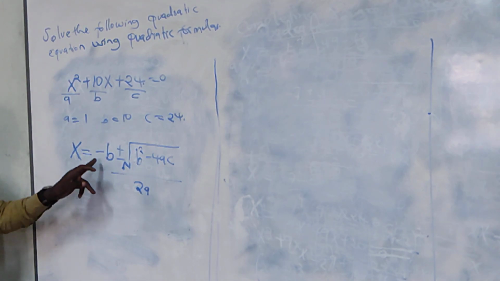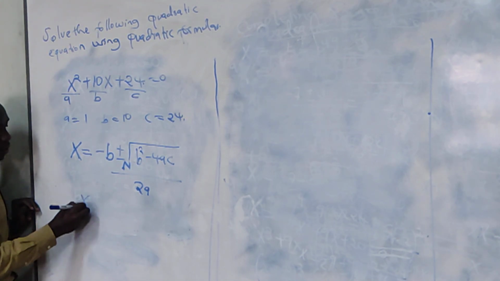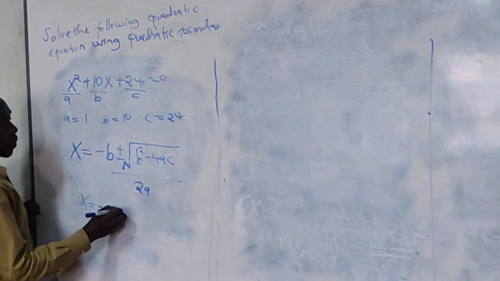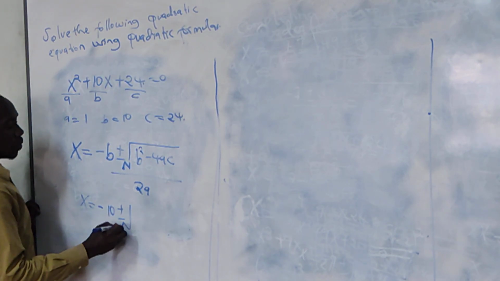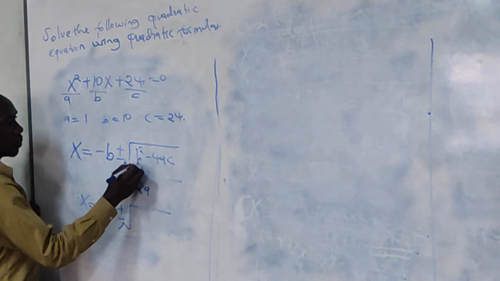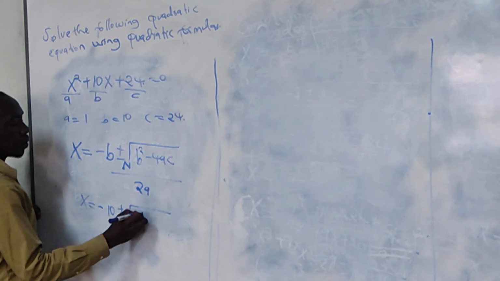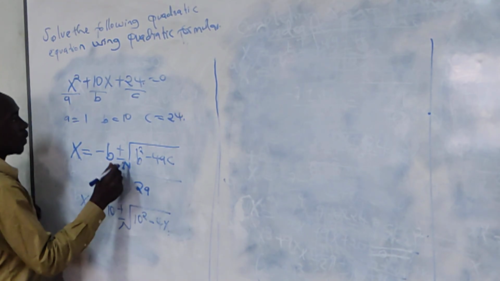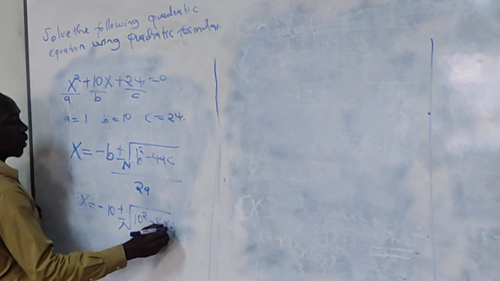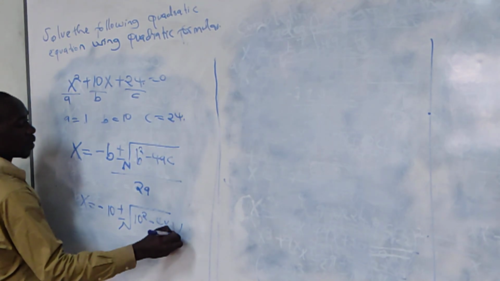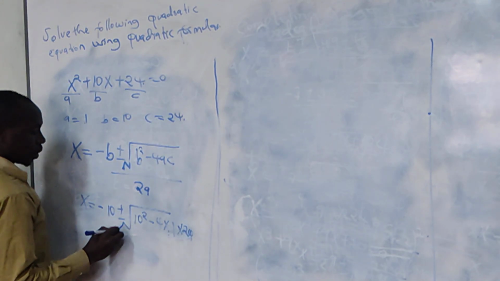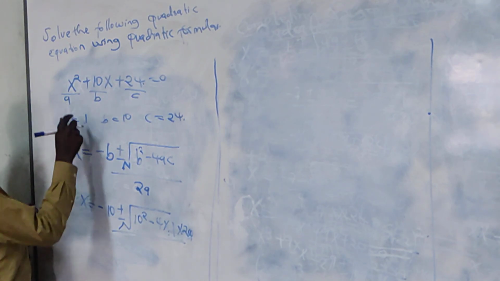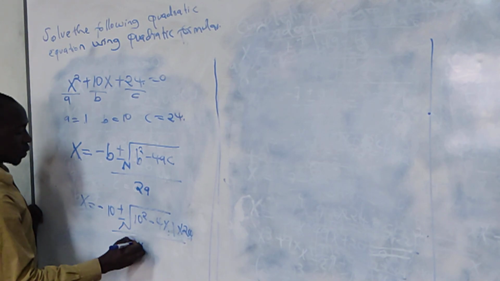We have b as 10 and a is 1. So x will be equal to minus the value of b, which is 10, plus or minus the square root of b squared, that's 10 squared, minus 4 times the value of a, which is 1, times the value of c, 24, everything over 2a, so 2 times 1.